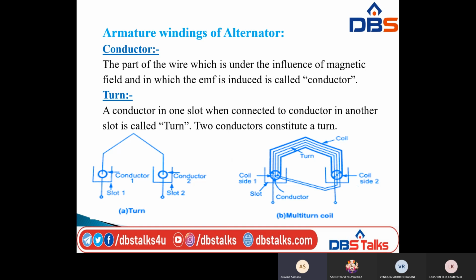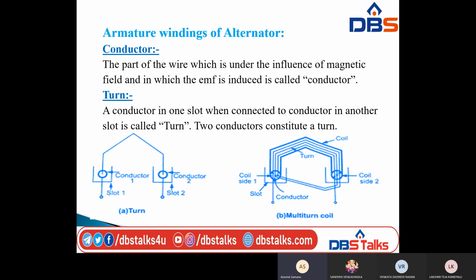What is meant by conductor? The part of the wire which is under the influence of magnetic field and in which the EMF is induced is called a conductor. Next, turn.